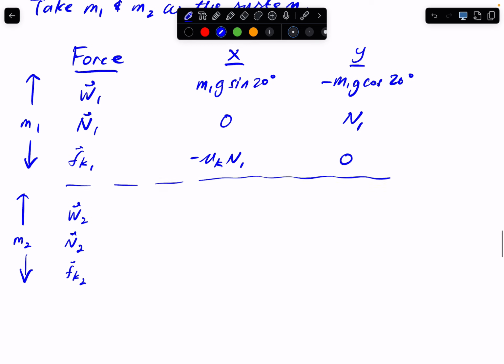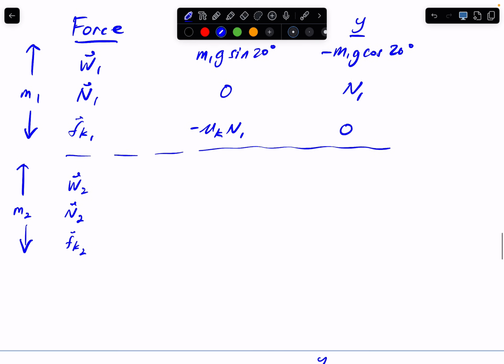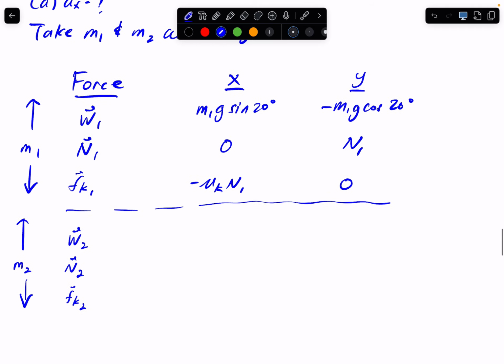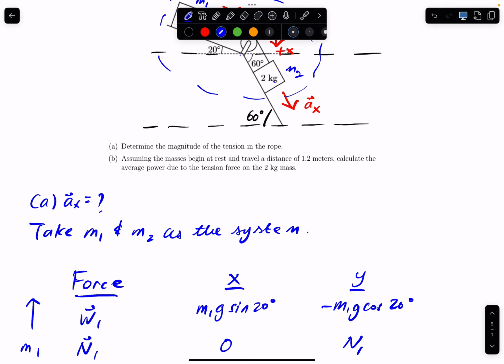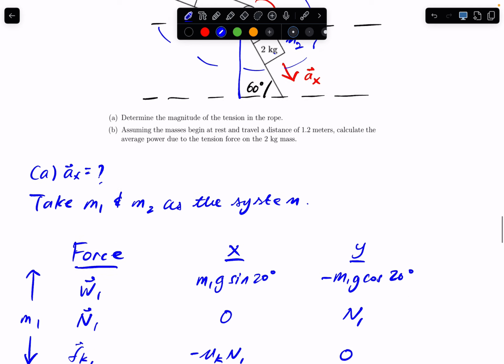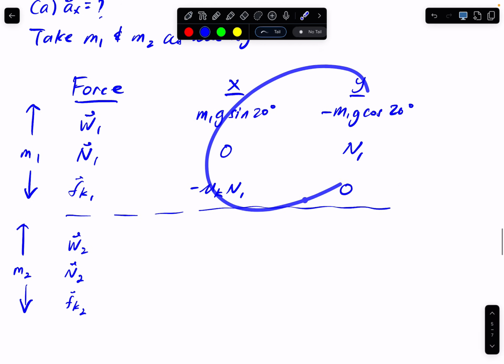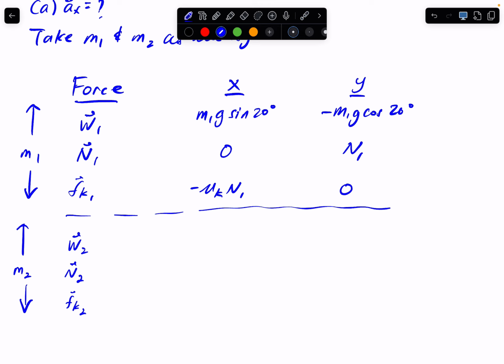All right. And here's the nice part of this problem. The second mass is also a block on the ramp, with just a different angle and some different numbers. So you can literally copy this part over here and just replace it with the appropriate numbers. So for this, we'll call it m2g sine 60, minus m2g cosine 60, 0 and N2, negative mu k N2, and 0.